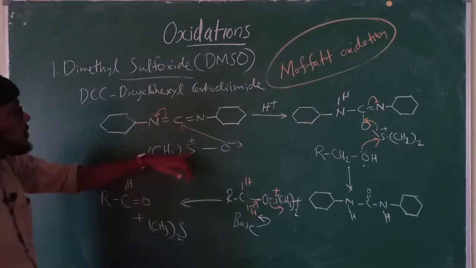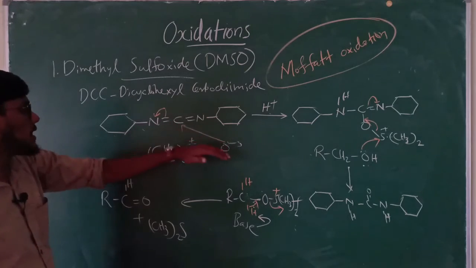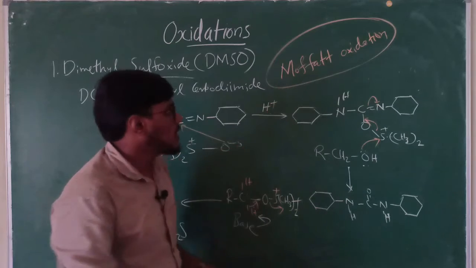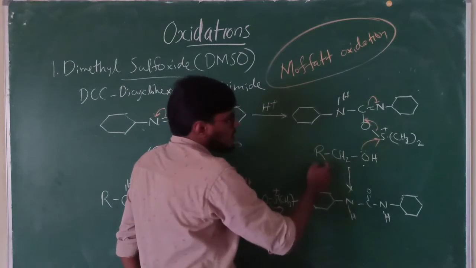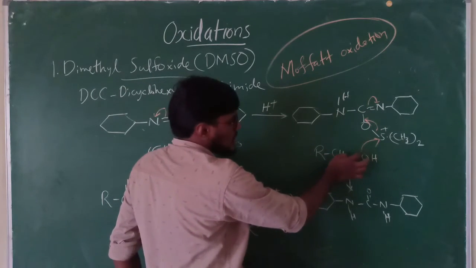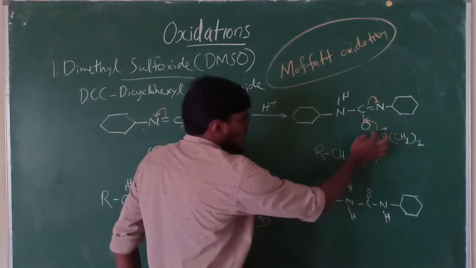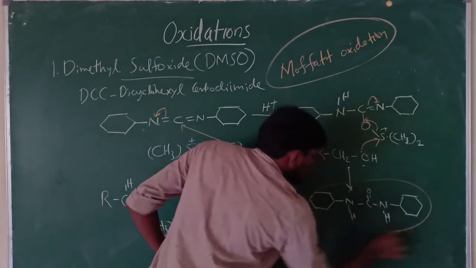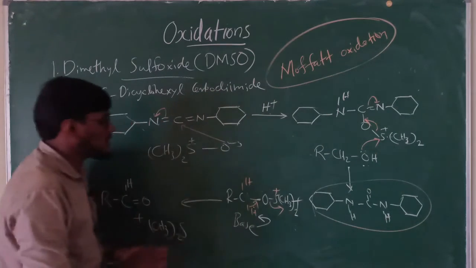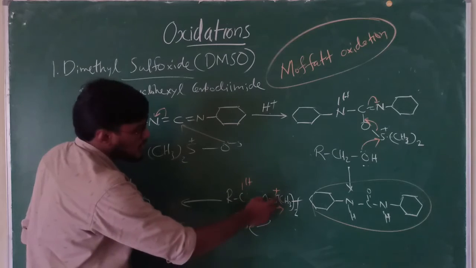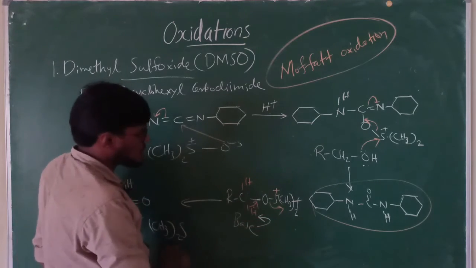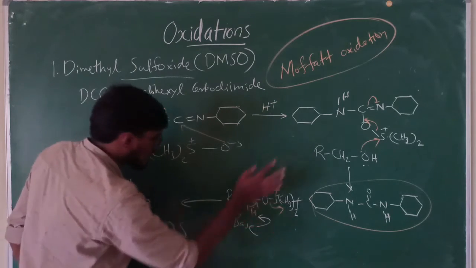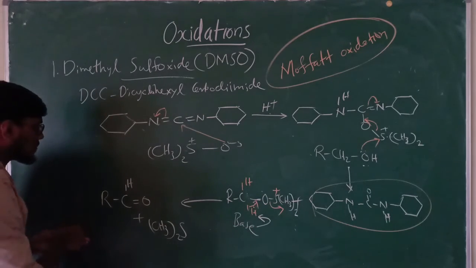Once more, in the first step, this DMSO, that means dimethyl sulfoxide, is activated using DCC, an intermediate compound is formed here, and then the attack of this alcohol takes place, this oxygen attacks here, this bond cleaves, and this bond shifts like this, and this molecule eliminates. Then the remaining molecule is RCH2O, S CH3 twice, S plus CH3 twice, then a base can abstract hydrogen from here, this bond moves towards this one, this bond cleaves and forms the aldehyde as the product.